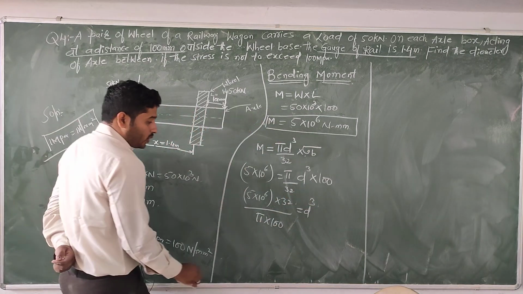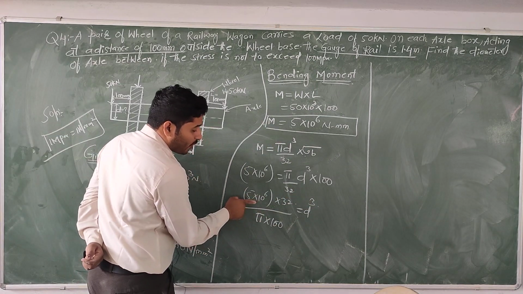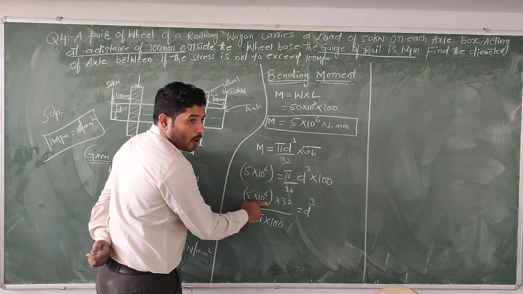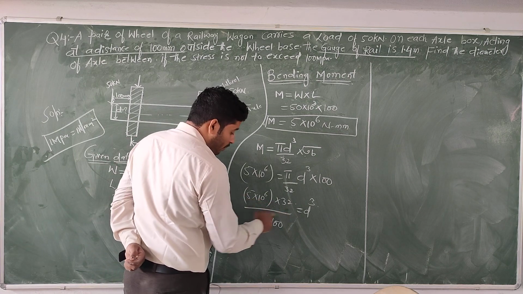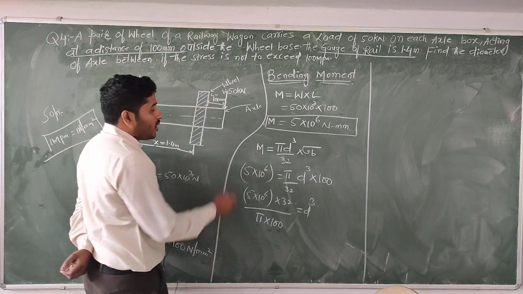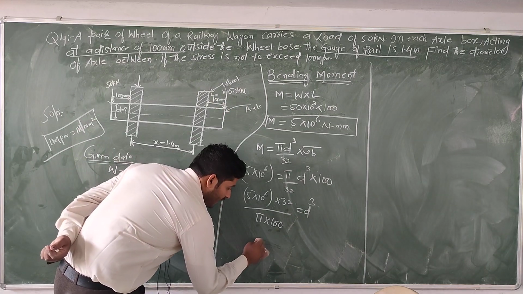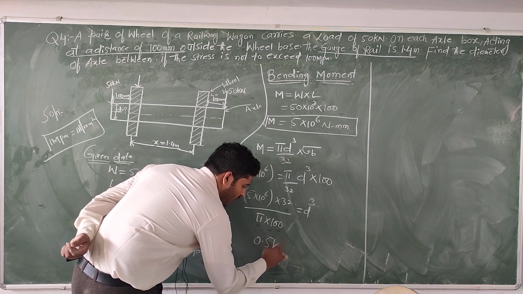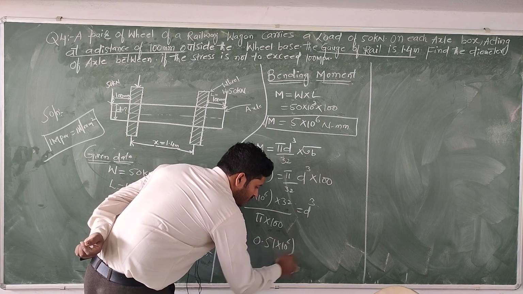If you calculate with the help of a calculator, 5 into 10 power of 6 into 32 by pi into 100, you get the value of d cube as 0.51 into 10 power of 6.